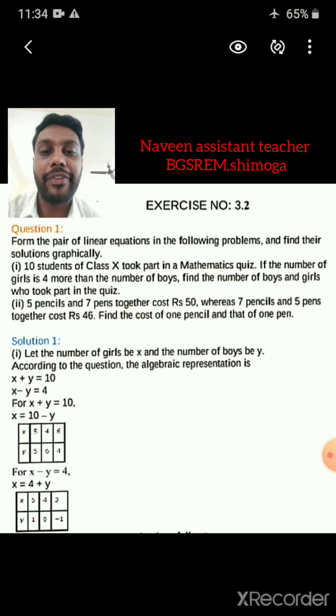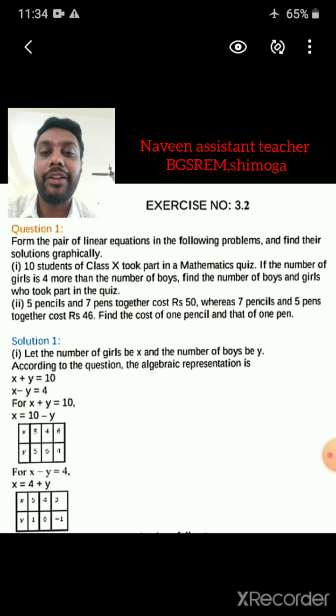Now for the equations x + y = 10 and x - y = 4, solving them we get x = 10 - y; substituting the values of x as 5, 4 and 6, we get the values of y as 5, 6 and 4.